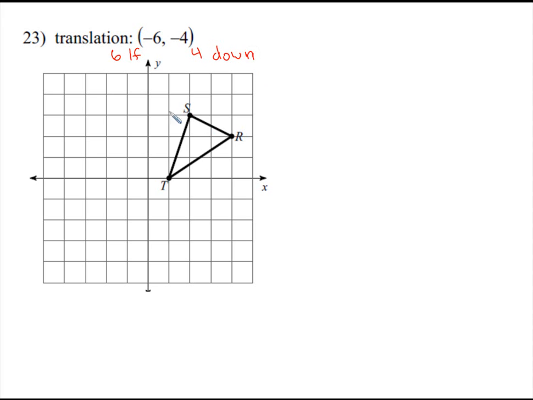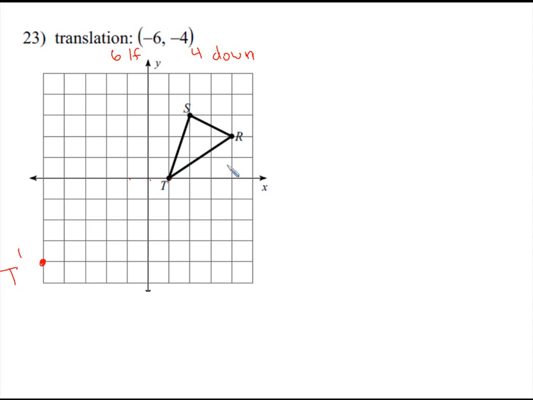Since we have this shape and we already have the picture, we can just take all these points. I can take this point right here, T, and move it to the left 6 and down 4. So I move it to the left 6, 1, 2, 3, 4, 5, 6, and down 4, 1, 2, 3, 4. So that's where T prime will be.